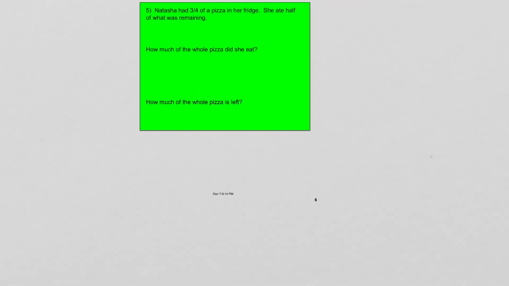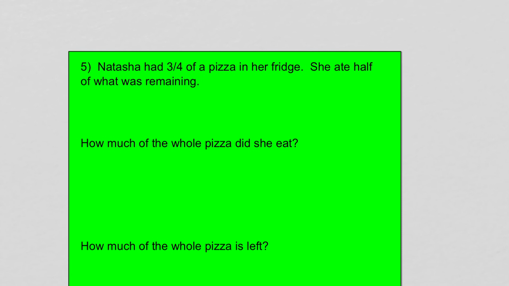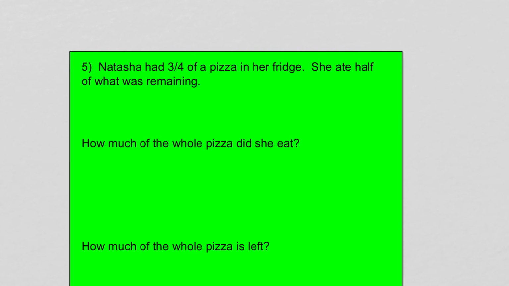Okay. Last one. Natasha had 3/4 of a pizza in her fridge. She ate half of what was remaining. She ate half of 3/4 of a pizza. How much of the whole pizza did she eat? She ate half of 3/4.